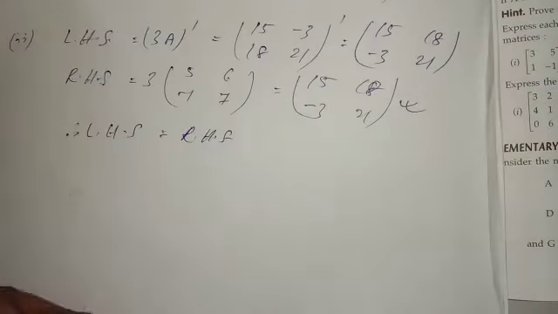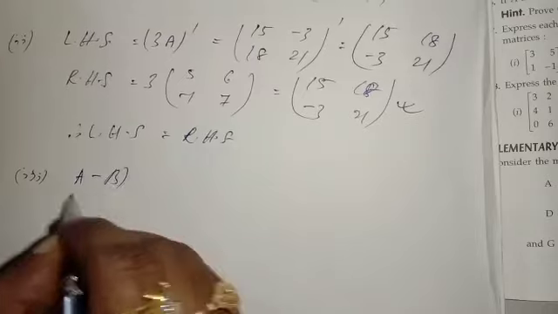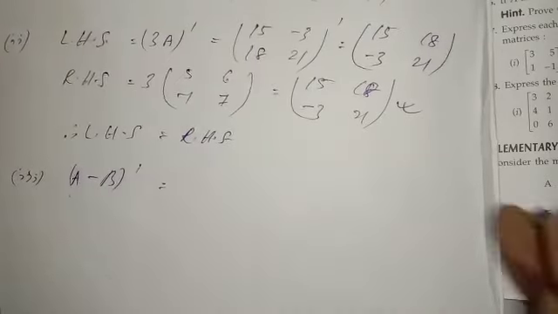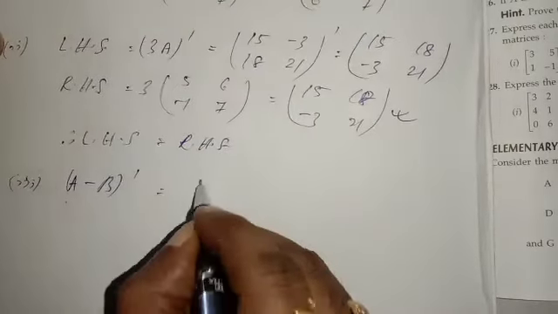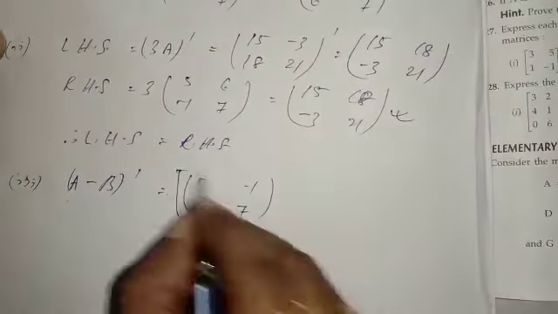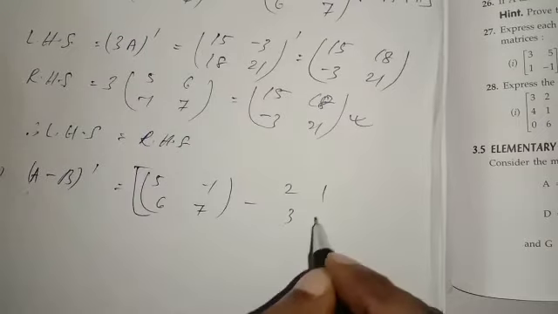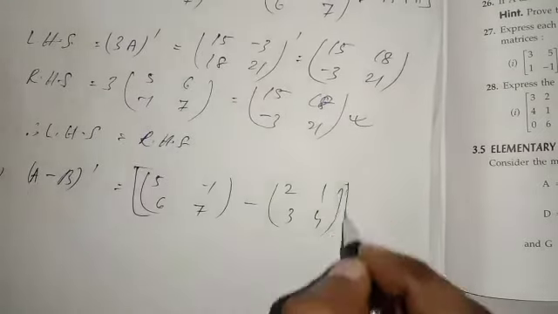Third part question given: A minus B whole transpose. First of all, A minus B how much? A is given 5 minus 1, 6, 7 minus B. B is how much given? 2, 1, 3, 4 whole transpose.